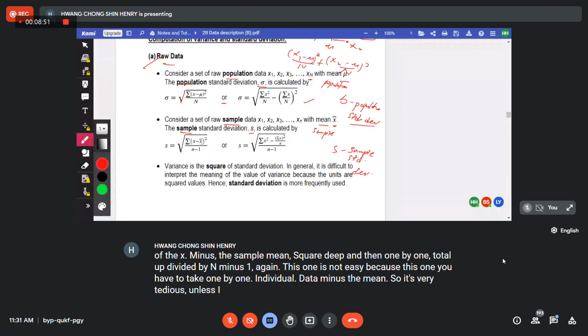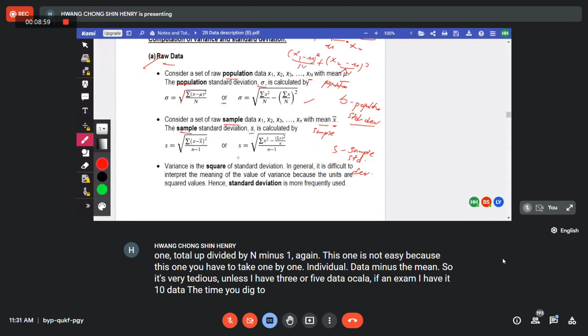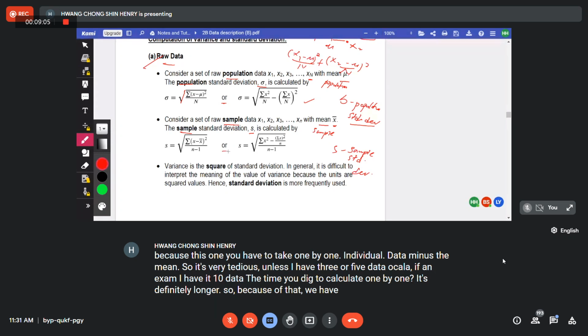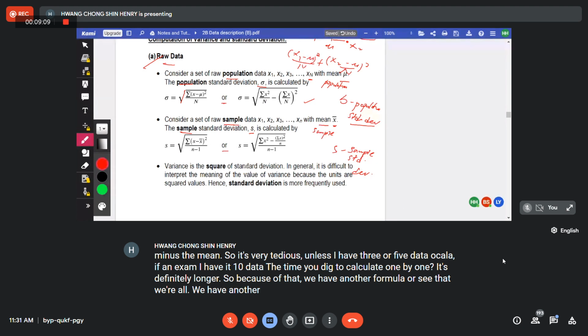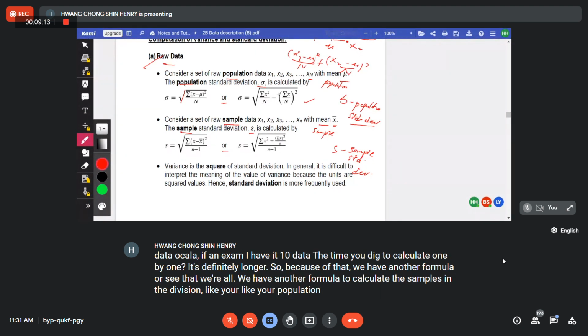Unless I have 3 or 5 data, okay. If in the exam I have 8, 10 data, the time you take to calculate one by one is definitely longer. So because of that, we have another formula to calculate the sample standard deviation, like your population standard deviation.